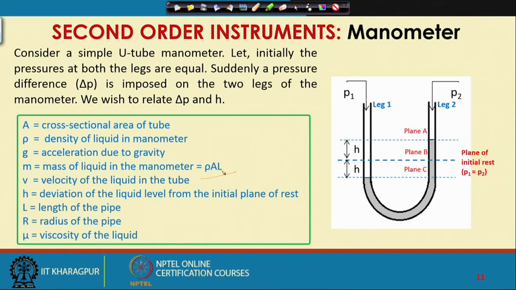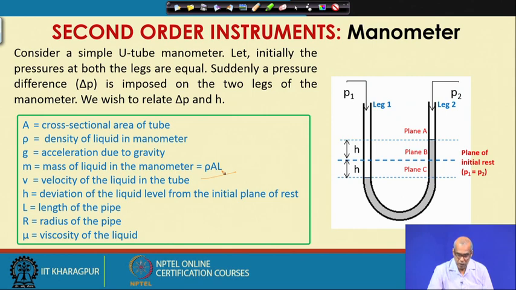V is the velocity of the liquid in the tube. H is the deviation of the liquid level from the initial plane of rest. L is the length of the pipe. R is the radius of the pipe or the U tube, and mu is the viscosity of the manometer liquid.